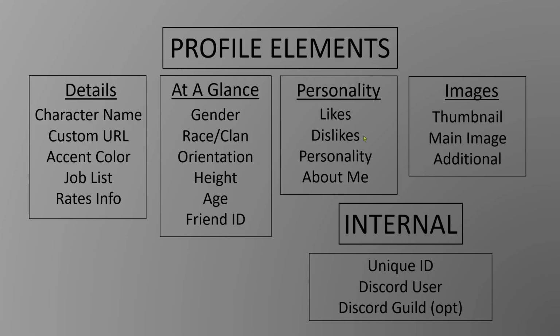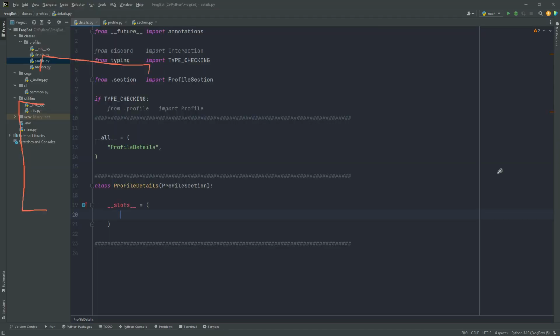So if we refer back here to our PowerPoint, we're looking at details. So there's going to be 5 elements in our details class right here. And honestly, we're just going to name them what they are. So let's go back over into our code. Oh, not that one. That's the wrong window. There we go. And we're just going to define each of those. So what did we have? We had character name. And I want to start these with an underscore.